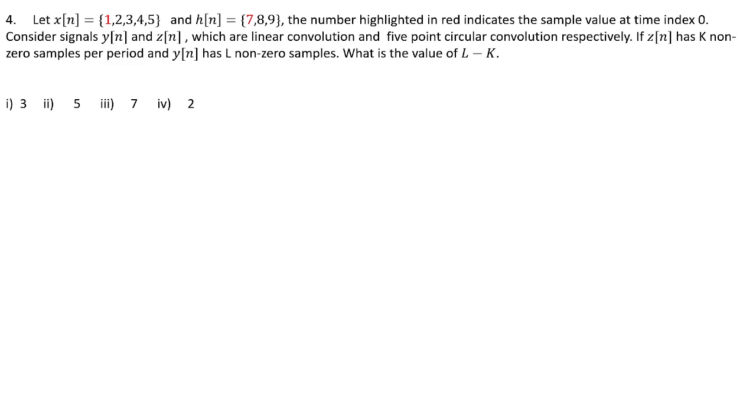The input sequences can very well be of asymmetric or symmetric length. It doesn't matter for linear convolution, but for circular convolution it is mandatory that your input sequences have the same length. In the problem given here, xn and hn have asymmetric lengths, that is, their lengths are not equal.